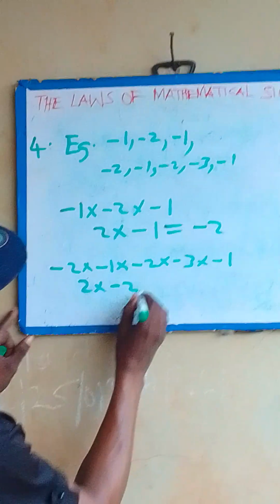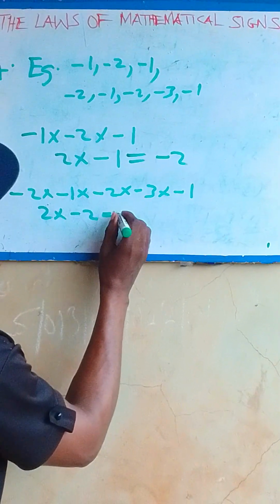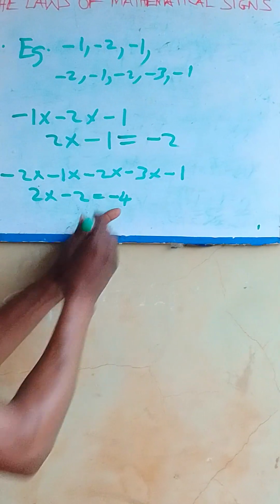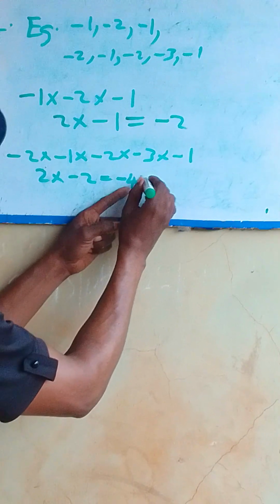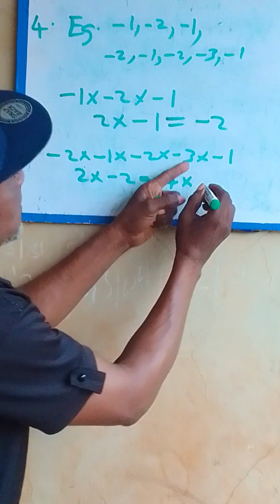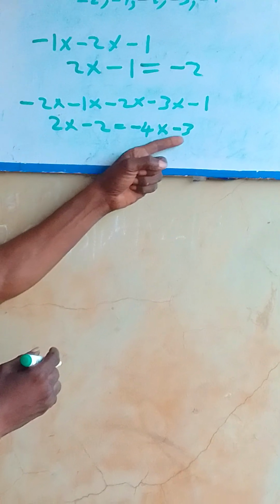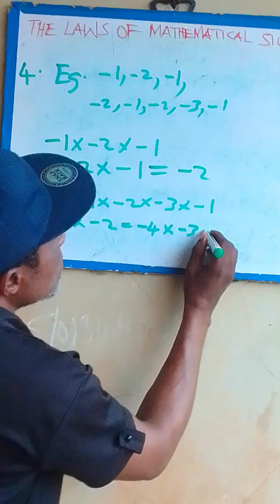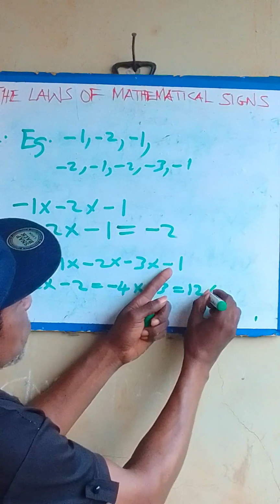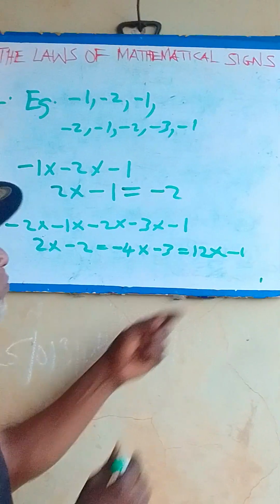So plus 2 times minus 2 will give us minus 4. Now minus 4 times minus 3 will give us plus 12, times this minus 1.